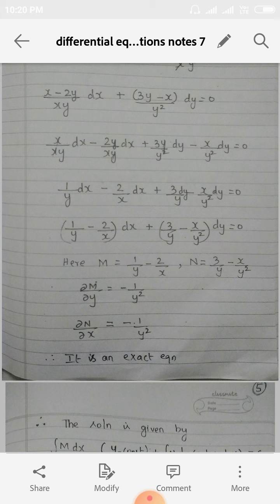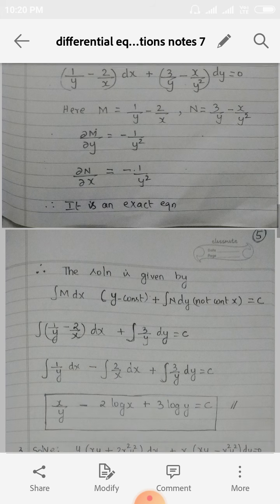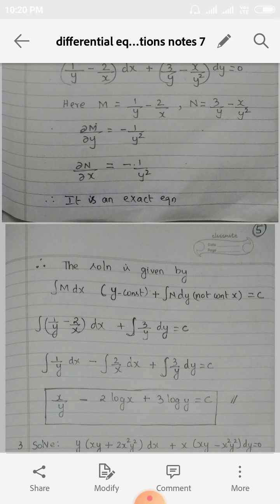See, the equation is exact. So what is the solution when the equation is exact? Integral M dx, where y is constant, plus integral N dy, not containing x, is equal to c. So the integral of M dx, M is equal to 1 by y minus 2 by x into dx, plus integral N dy.